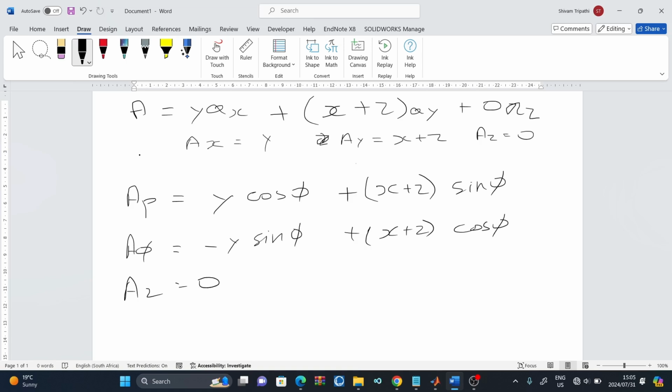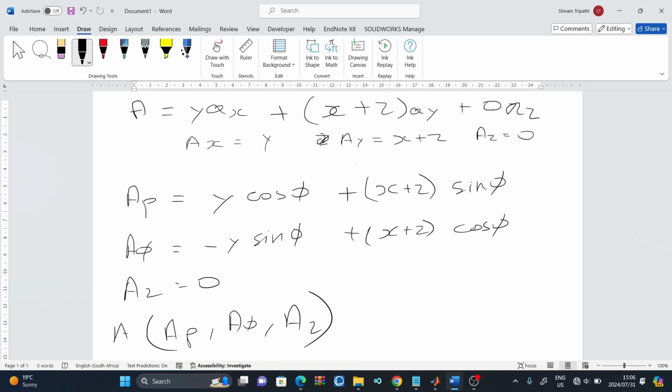So then our coordinates for A in cylindrical coordinates will be AP and A phi only, because our Az is 0. Or you can put it there, it's not a problem. So that's the cylindrical coordinates for A. I leave the spherical coordinates for you to do.